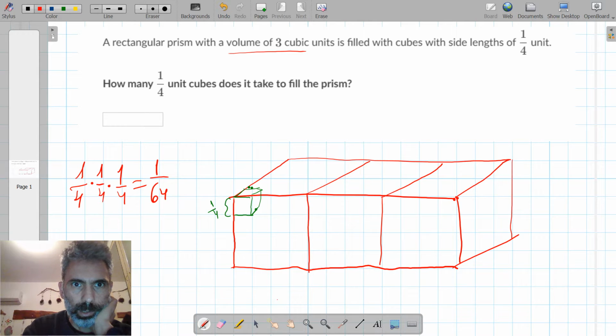And the total volume of the rectangular prism is 3.